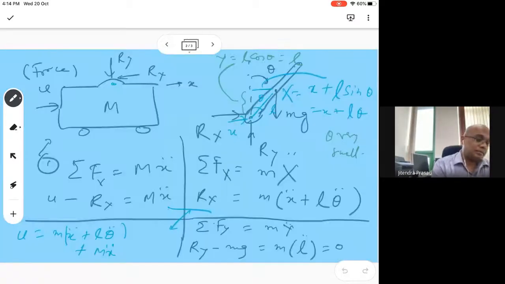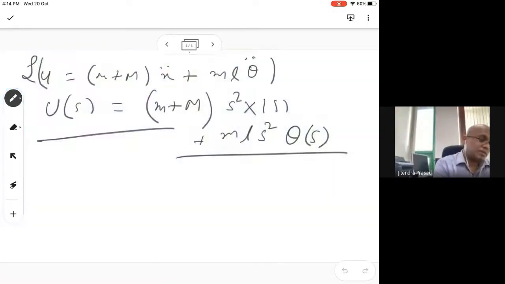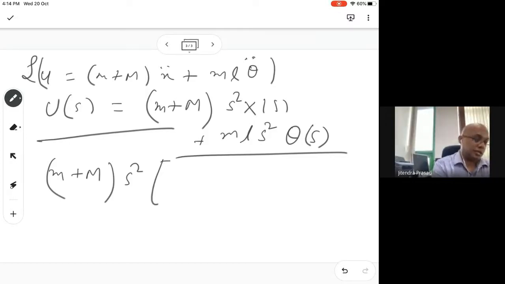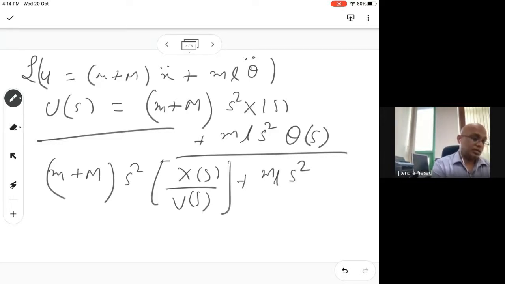Again, if you divide it by U(s), you get (m plus M) s squared X(s) over U(s), plus m L s squared Theta(s) over U(s), and it will be equal to 1.